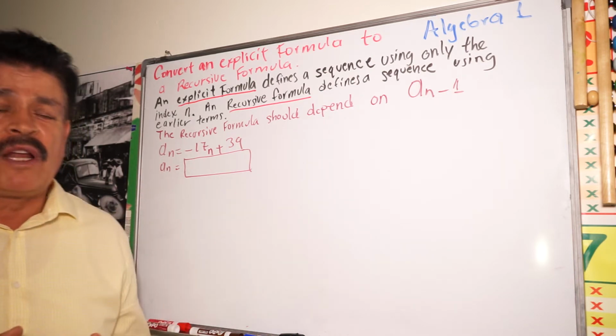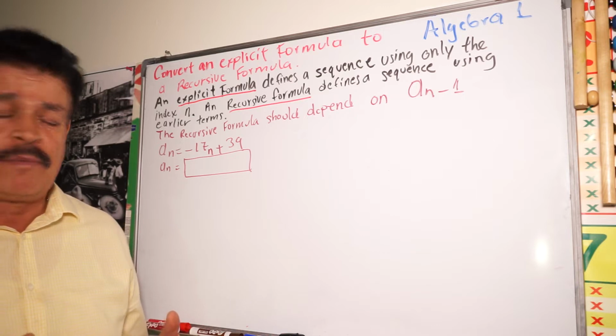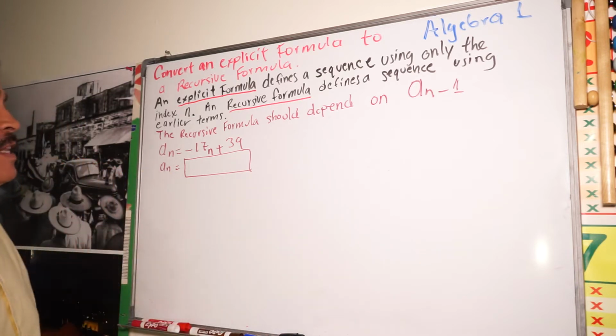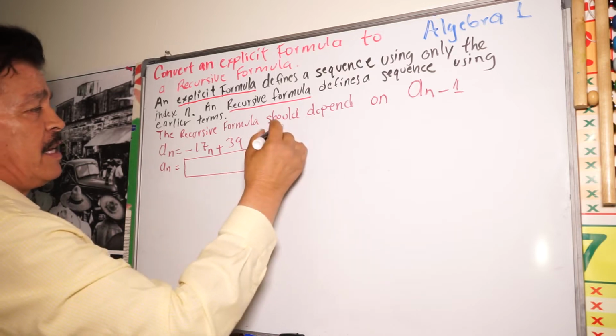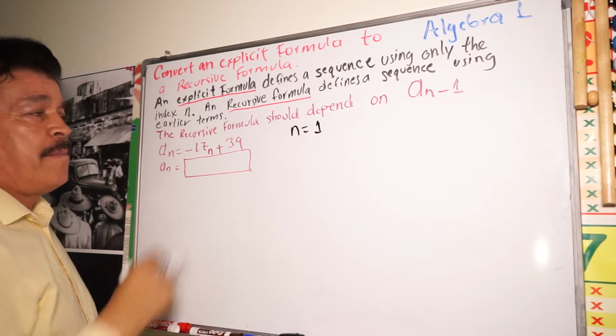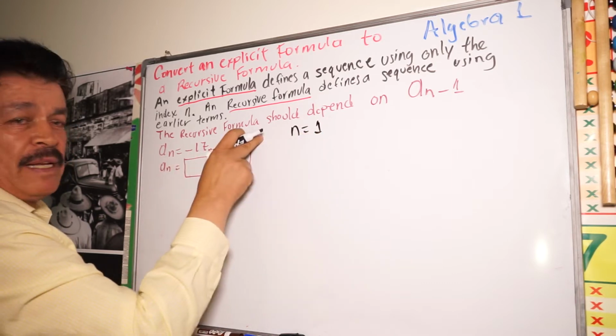Use the explicit formula to find the first few terms of the sequence, starting with n equals 1. Plug n into the explicit formula.